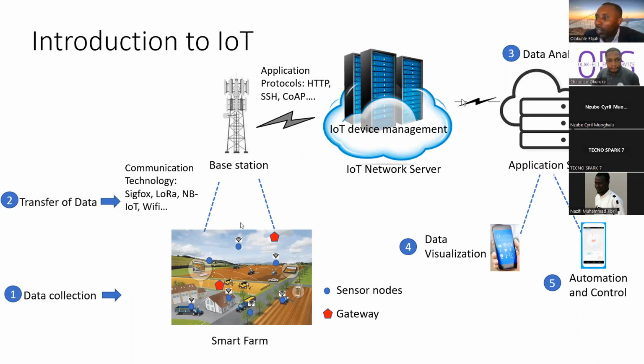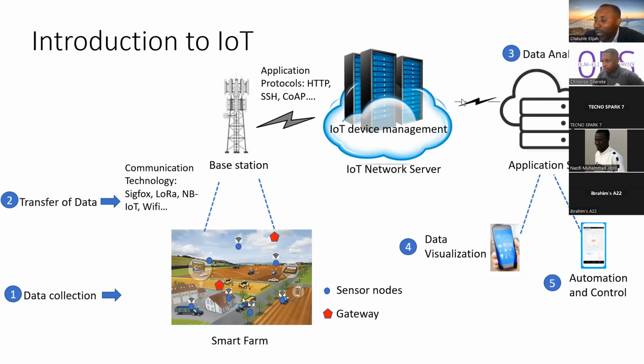Right. So this is a pictorial view of what IoT is all about. First and foremost, IoT is just the ability for our devices or anything to communicate via the internet, either with one another or with humans. So this is the IoT ecosystem. I'll just go through quickly.